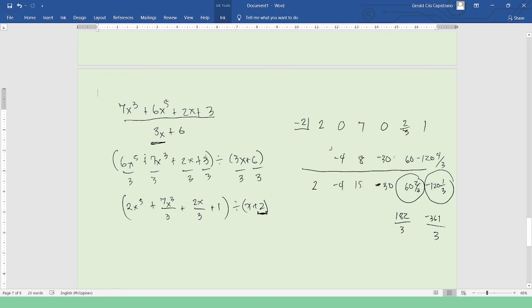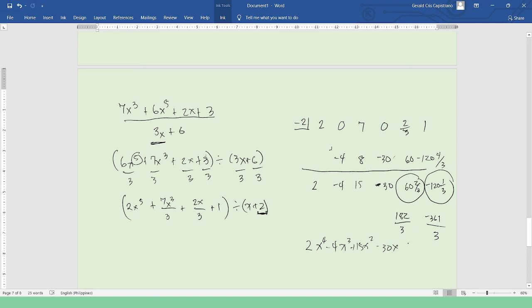So, again, look for the highest exponent. That would be 5. So, that will be x raised to 4. Then, sulat mo lang yung coefficient. That's 2. Okay, x raised to 3. We have minus 4. Then, x raised to 2 plus 15. Then, negative 30.